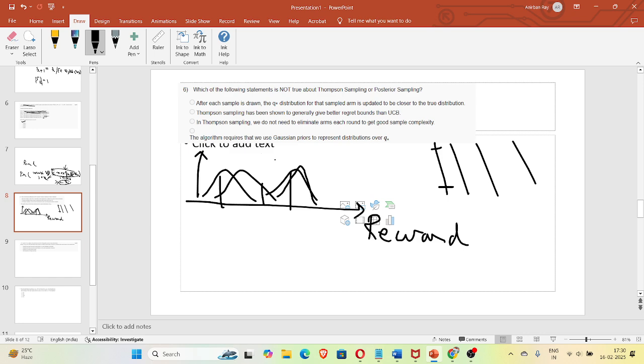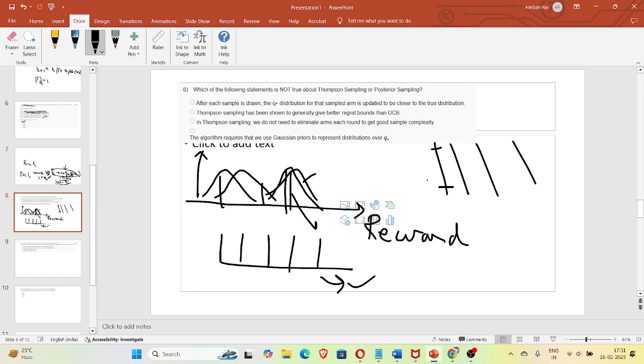Suppose in this situation I am sampling, to make my point clear, and this has got steeper. Now when I sample, it lands somewhere there. So now this is the best one, so narrow this one down. You keep doing it like that until this becomes very narrow with no variance, almost straight lines. So this is a clear answer, right?